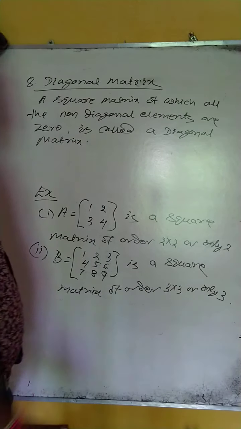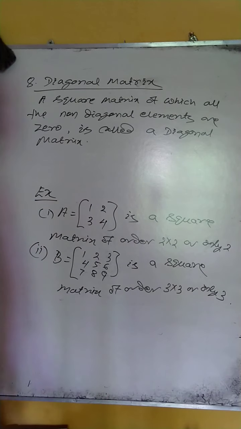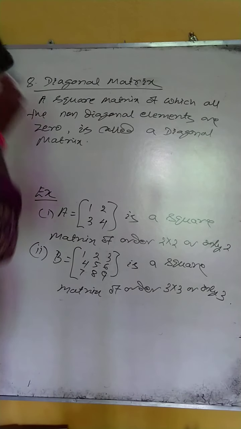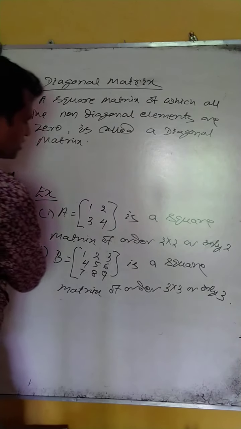That means a diagonal matrix must be a square matrix. A square matrix of which all the non-diagonal elements are 0 is called a diagonal matrix.